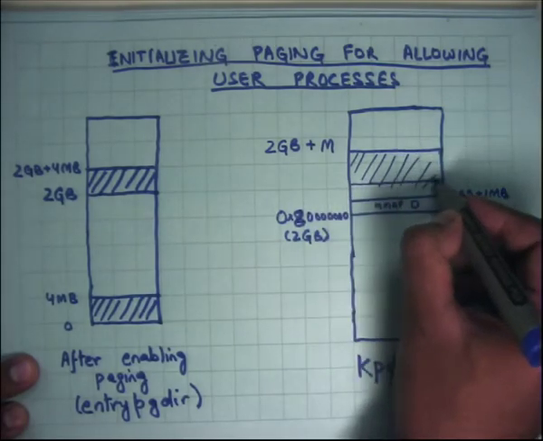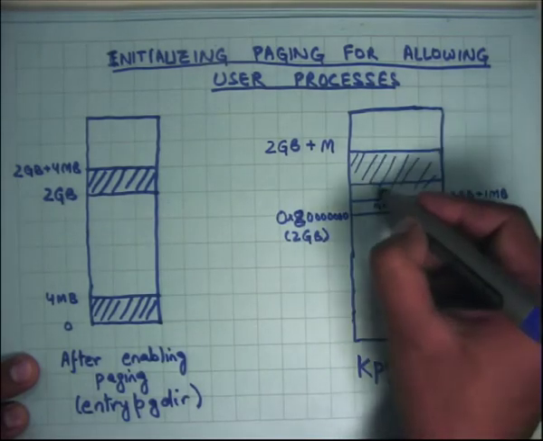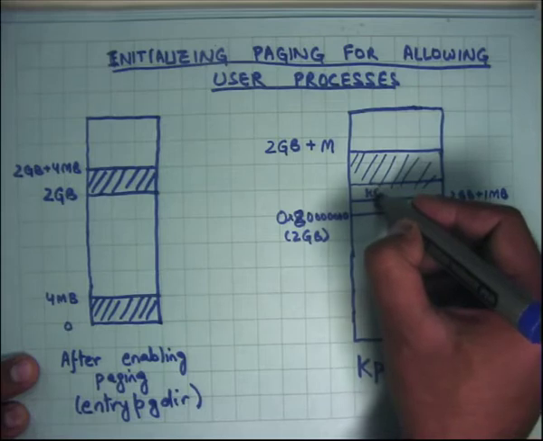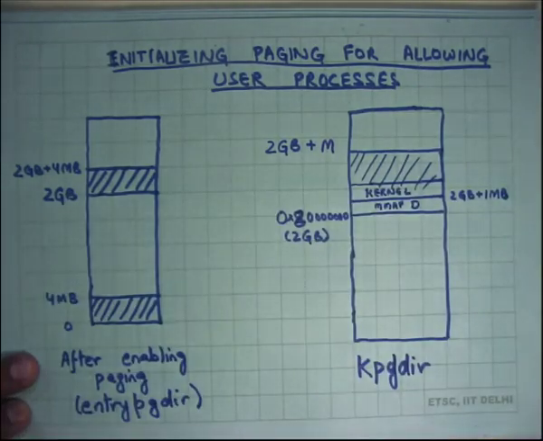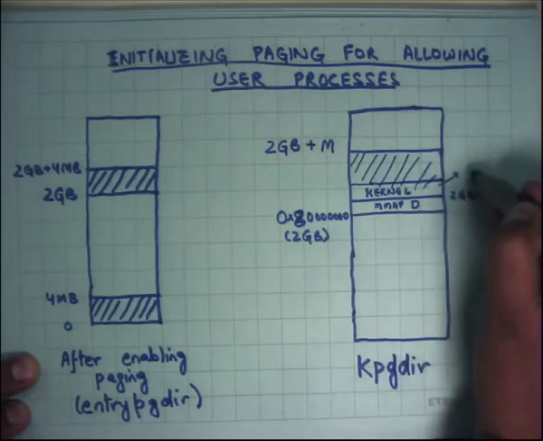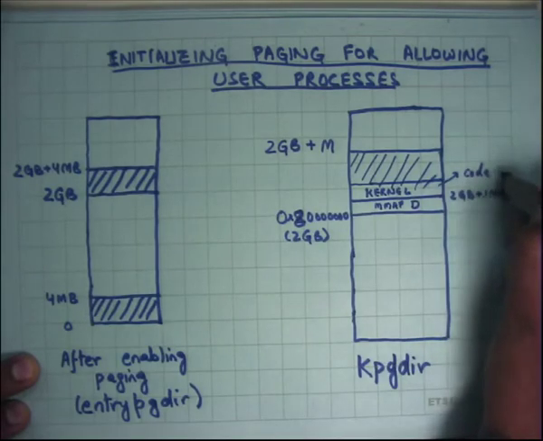Then there is some area which will be loaded for the kernel. Recall that we had loaded the kernel starting at 1 MB of the physical address space. So starting at 1 MB, you're going to have the kernel, both code and data.